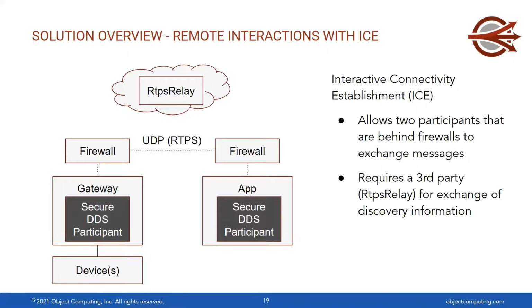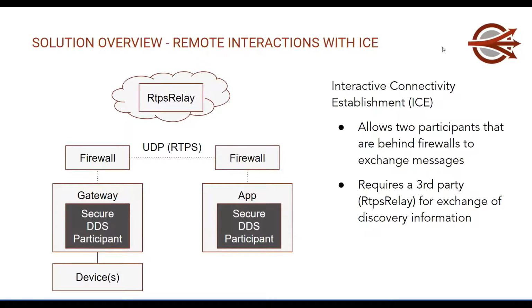By performing these connectivity checks, they can essentially form a connection from firewall to firewall and not necessarily use the cloud to relay every single message. And that is a potential savings, since the cloud is no longer sending data out, and I'll talk a little bit more about that later.